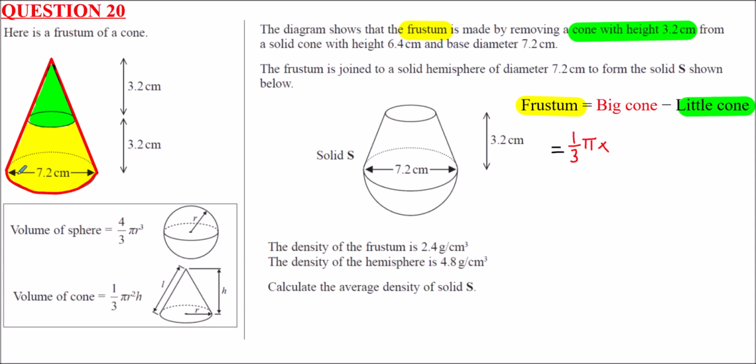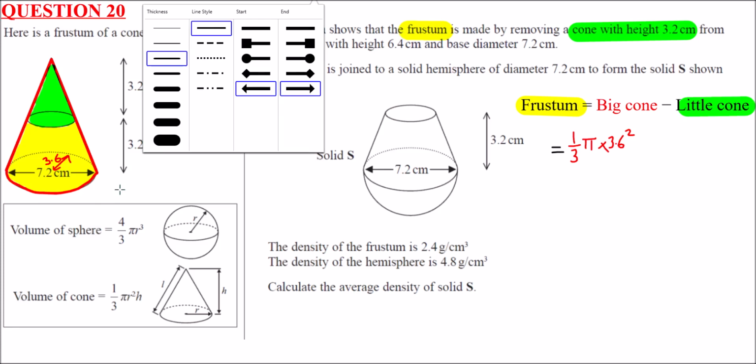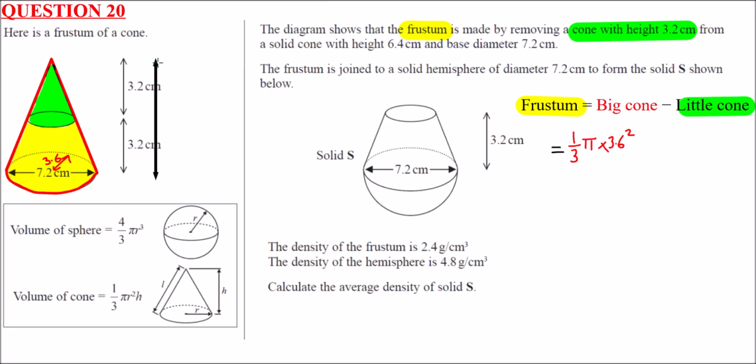Now 7.2 is the diameter of the big cone, so the radius will only be half of that, which will be 3.6. So it's going to be pi times 3.6 squared times the overall height. So if it's 3.2 from end to end, and this bit's 3.2, then the overall height from top to bottom will be 6.4.